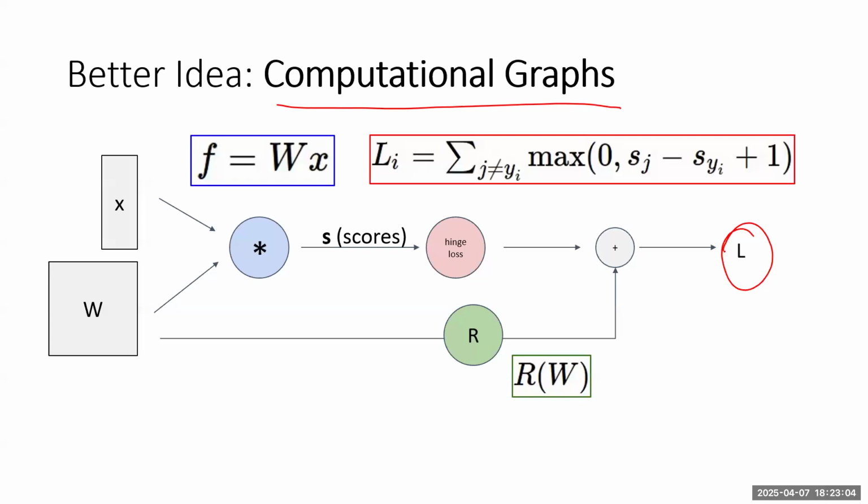Now, I want to find the derivative of L with respect to this W. Simply, I can use backpropagation or chain rule to find this derivative by finding the derivative between this and this, then between this and this, and so on.